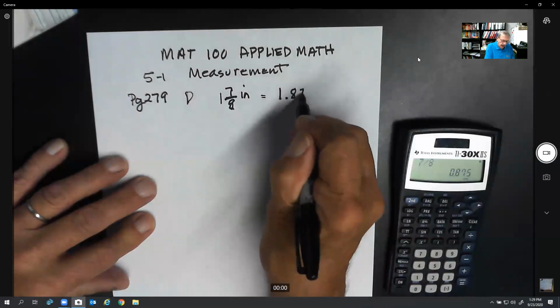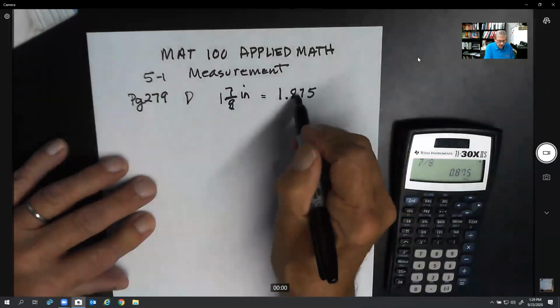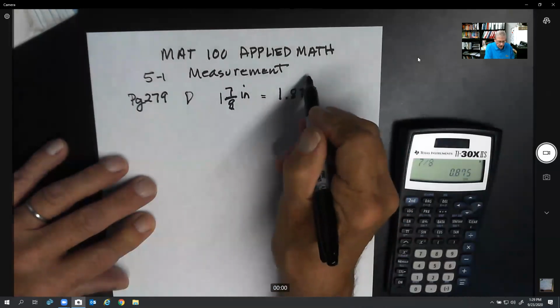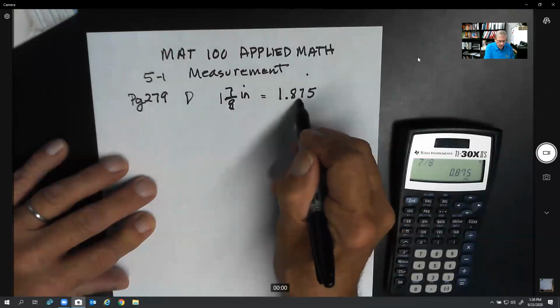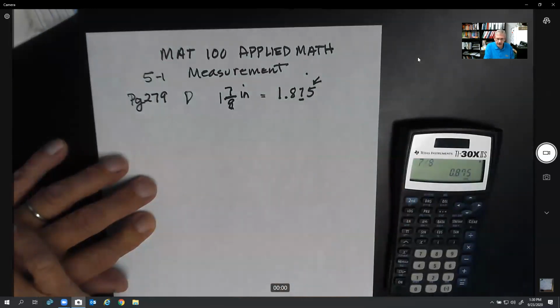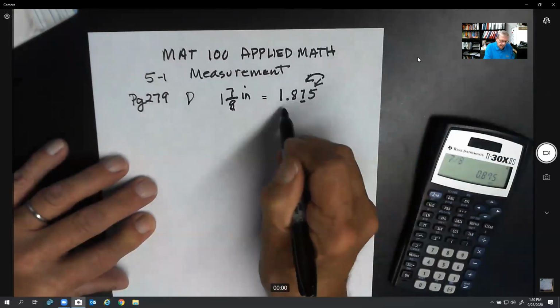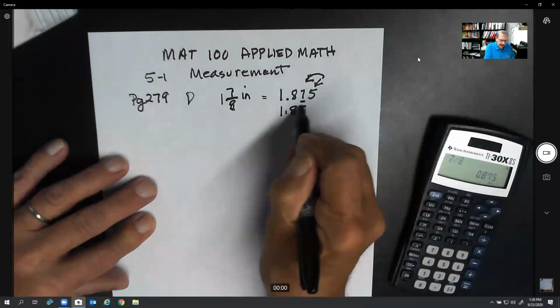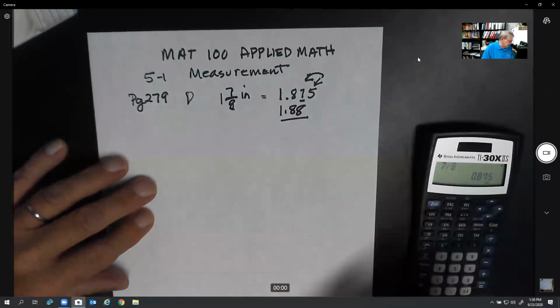But they want us to round this to 2 decimal places. So we go out to 3, but we want it to go to 2. So let's look at the 7. And the number right after it, if it's 5 or bigger, is going to round it up. So this is going to get bigger. It's going to be 1.88. So rounding is an important skill.